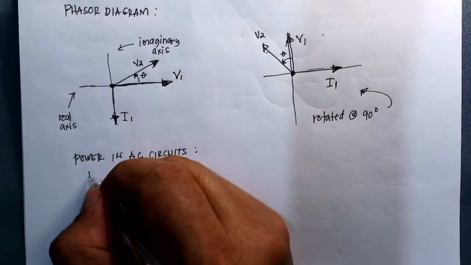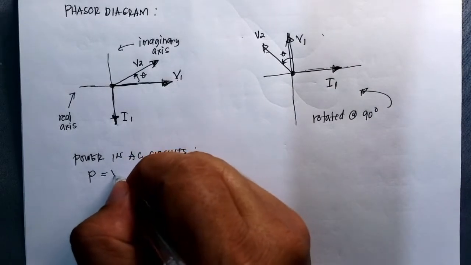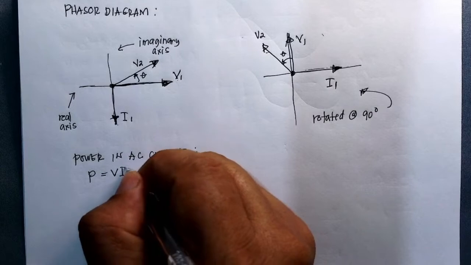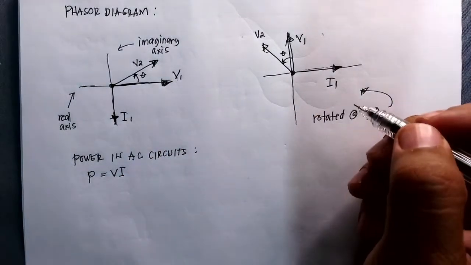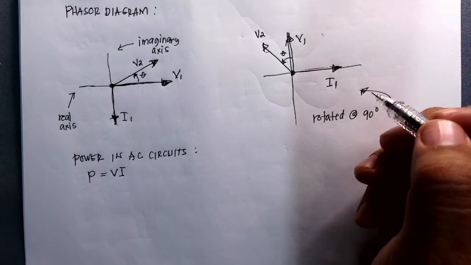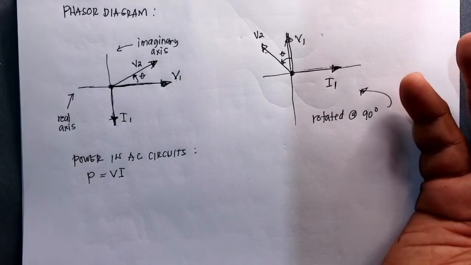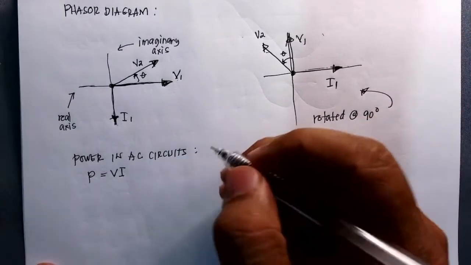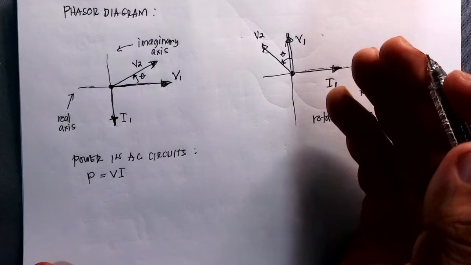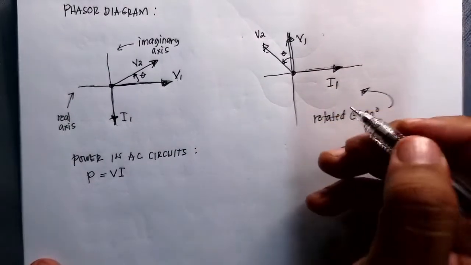Again, when we mean power, we mean the multiplication of the voltage and the current. So we can know if a part of a circuit is a source or a load.